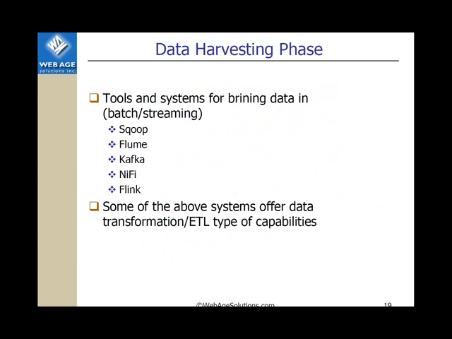Essentially, the systems listed here have some additional capabilities for data transformation, ETL. Others are very straightforward, like Sqoop. It's just batch loading from a relational database into Hadoop, right? Flume, same story. There will be 1 or 2 slides on every topic.